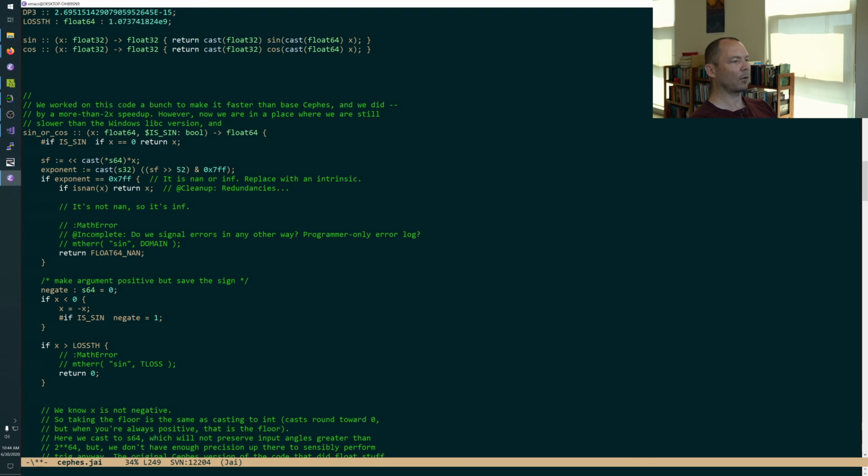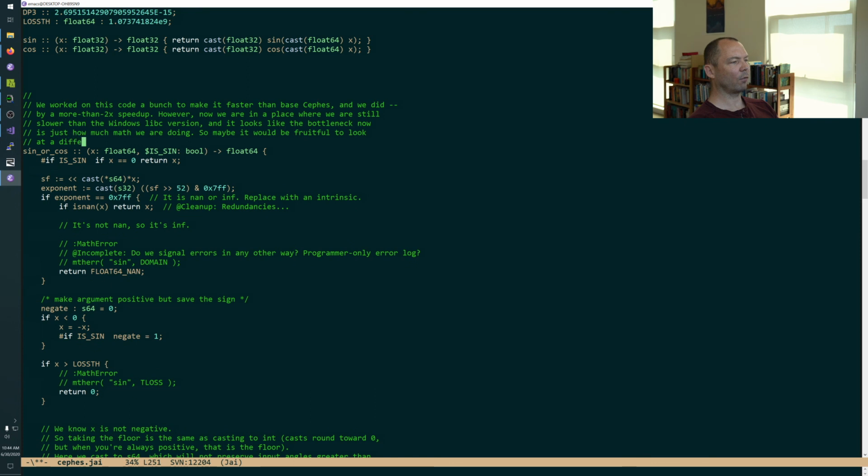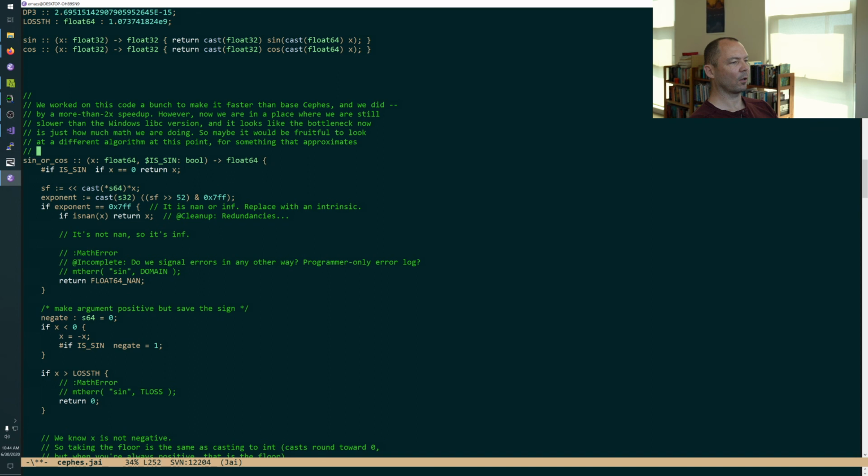And it looks like the bottleneck now is just how much math we are doing. So maybe it would be fruitful to look at a different algorithm at this point, for something that approximates with fewer multiply adds in some way.